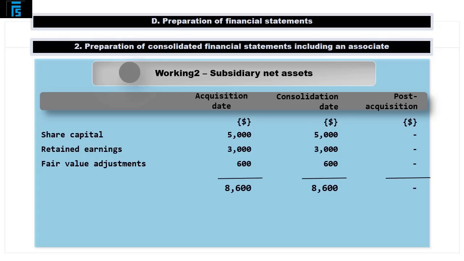So in the first column we will have 5,000 in respect of share capital, 3,000 for retained earnings, as well as an additional €600 to bring S's net assets total to their acquisition date fair value.